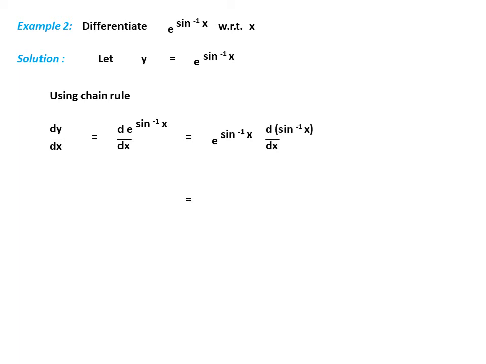Then we have to differentiate sin inverse x. So this is e power sin inverse x into differentiation of sin inverse x, which is 1 by square root of 1 minus x square. So this is e power sin inverse x divided by square root of 1 minus x square. So this is the answer.